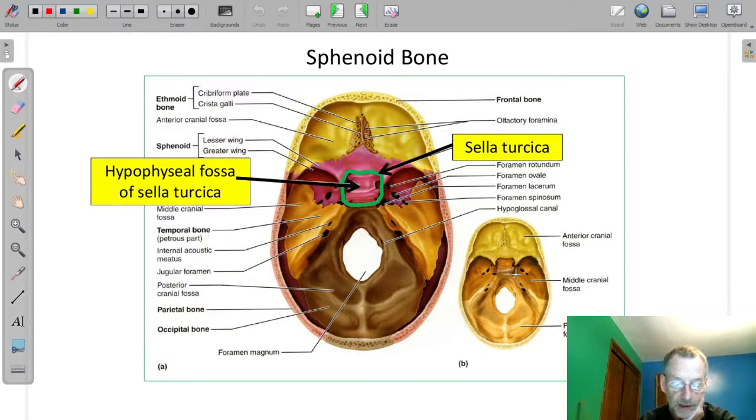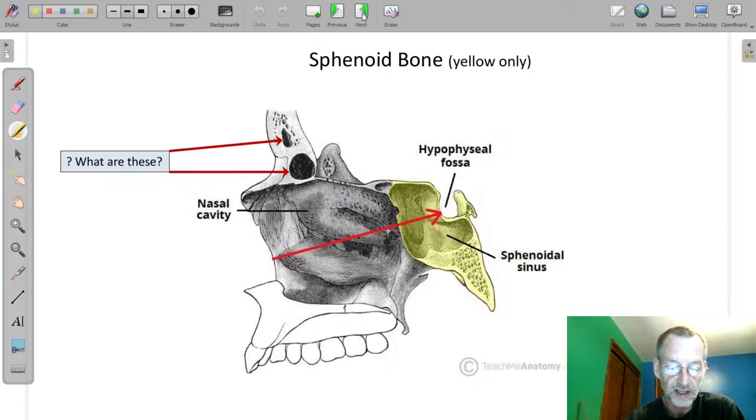Okay. So there's other features in this figure that we will talk about, some of which we've already talked about, such as the internal acoustic meatus. I'm just sort of scanning through the list. And again, make sure that you can identify all these bones that are highlighted. Make sure that makes sense to you. We haven't done the ethmoid yet. Okay? So again, just spend some time looking at the slides.